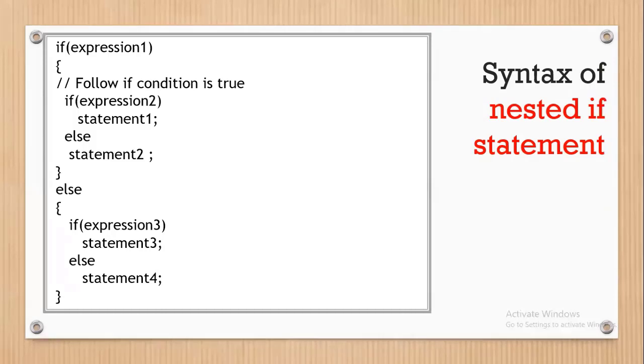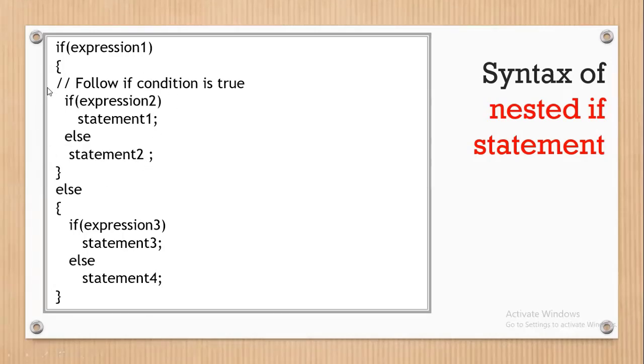The next type of condition statement is the nested if statement. Here, as per the syntax, there is an if condition having expression 1. If expression 1 is true, it will enter into the block and follow the condition given in the next if, expression 2. If expression 2 is true, then statement 1 will be executed, else statement 2 will be executed.